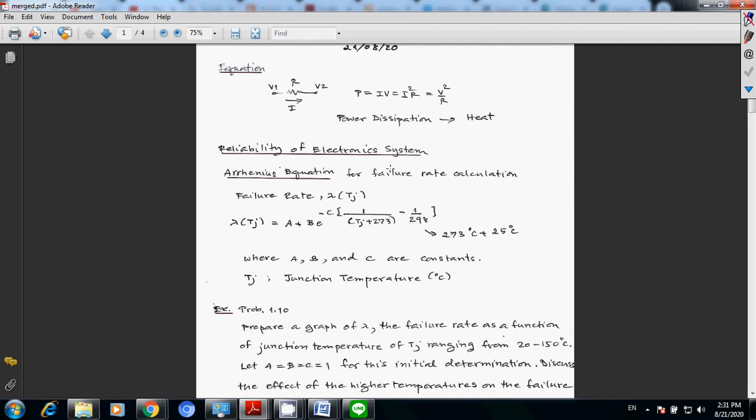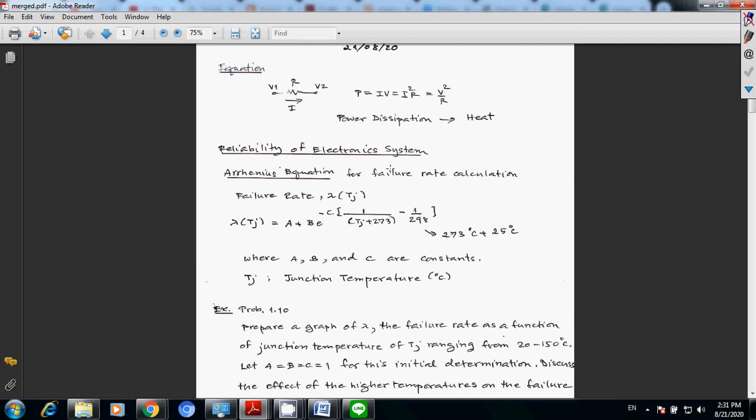So what we're going to talk about are both factors that affect failure rate. Let's get started with the failure rate that depends on the temperature.